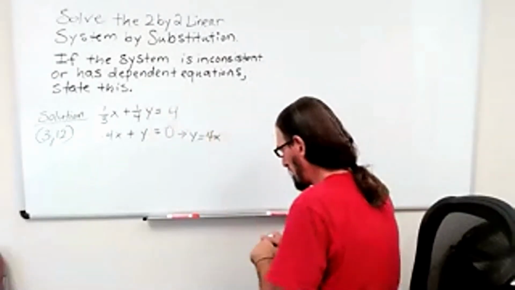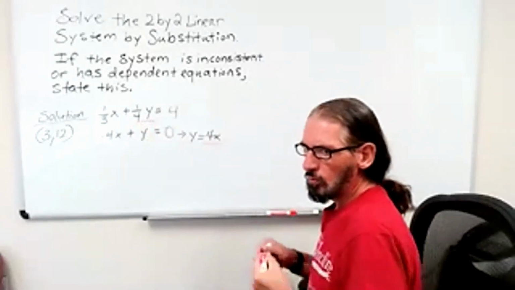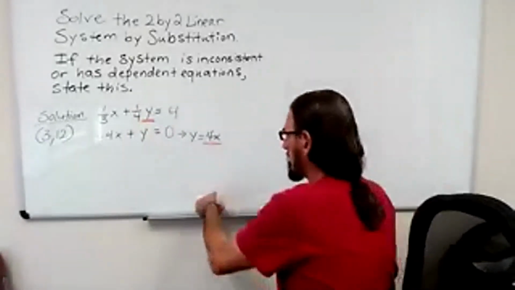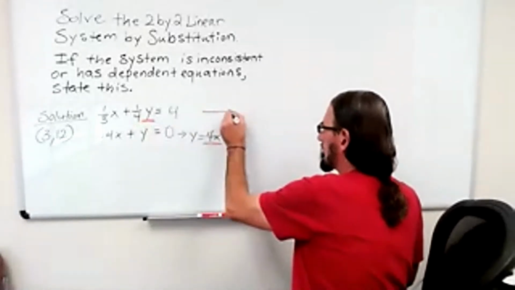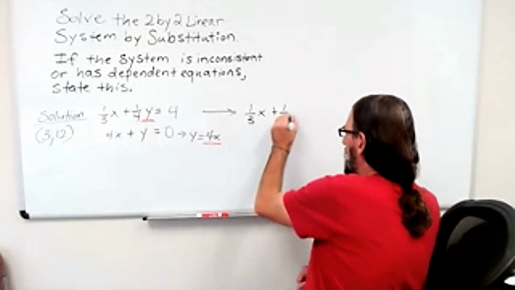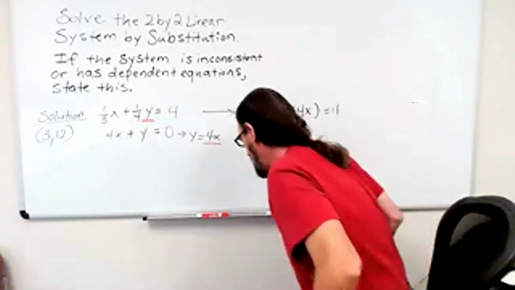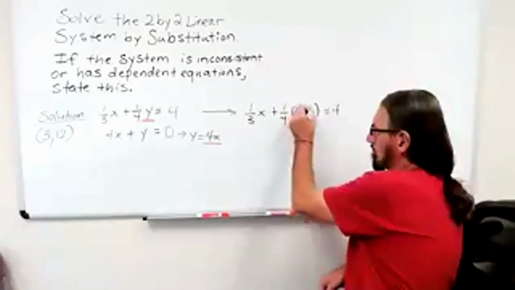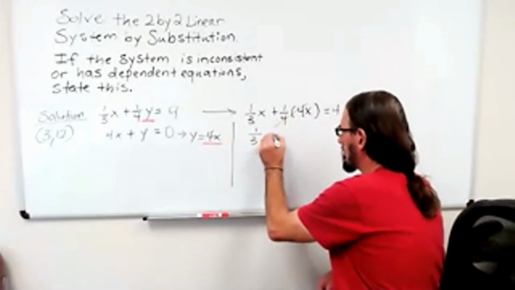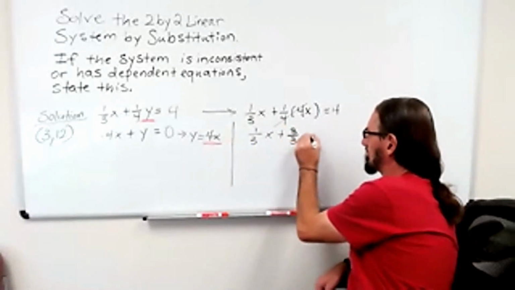Because if you substitute in the 4x for the y in the other equation, then we'd have 1/3 x plus 1/4 of 4x, and those 4's are going to cancel. 1/3 of x plus 1x, that's the same as 3/3 x.